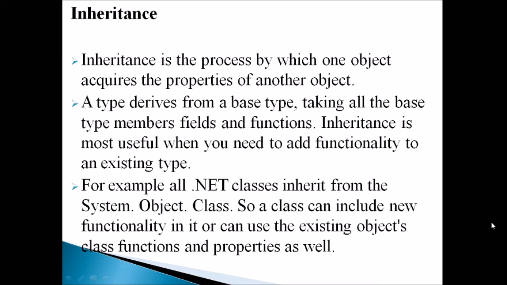The class which is deriving the properties is called derived class, and the class from where the features and properties are inherited is called base class. This concept is very useful when we need to add more functionality to what is already defined in existing classes. In the .NET classes itself, there is an inheritance concept, that is System.Object class. So while developing the source code, users can include the properties and functionalities whatever they need within the source code, and also they can inherit the existing properties and functions as well.